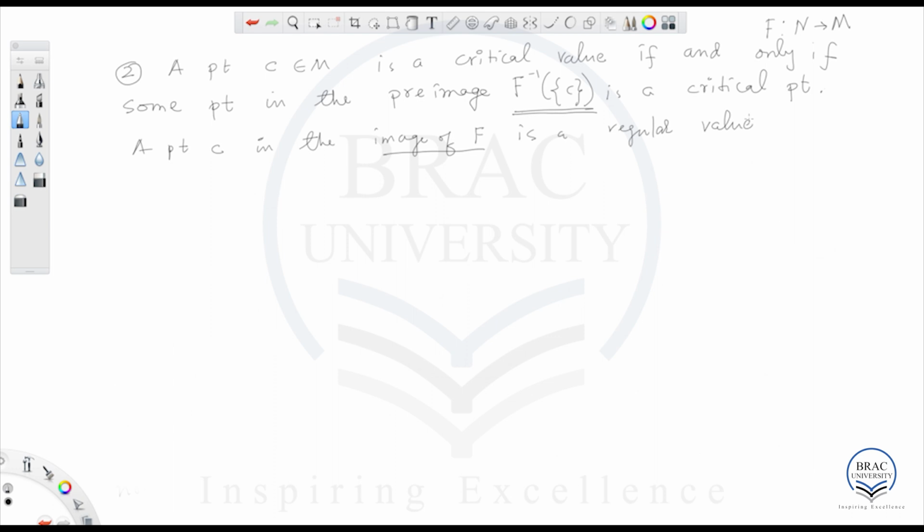We cannot have that situation anymore where there is no pre-image of this point, because this is already in the image of F. Okay, so this is a regular value if and only if every point in the pre-image, every point in this set, is a regular point.